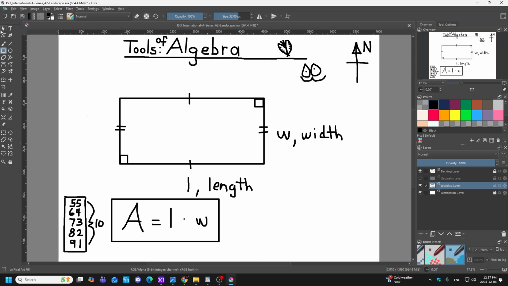Now, what the area means, or what it represents, is this. I'm gonna do my best to hatch these. This is called hatching. This may take a minute. Let me fix that.